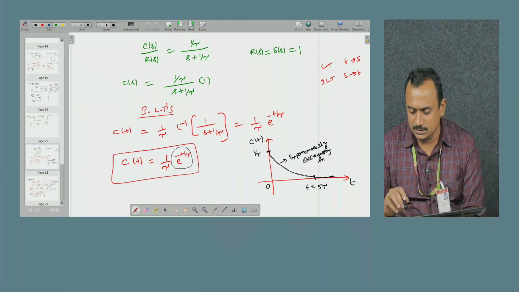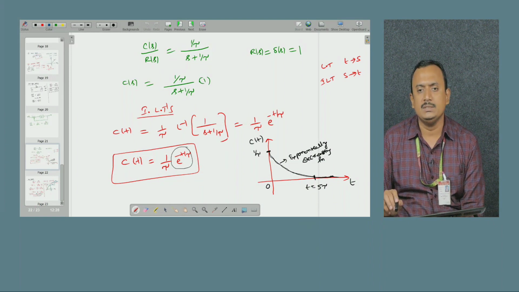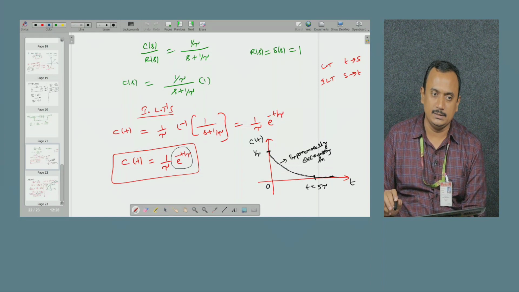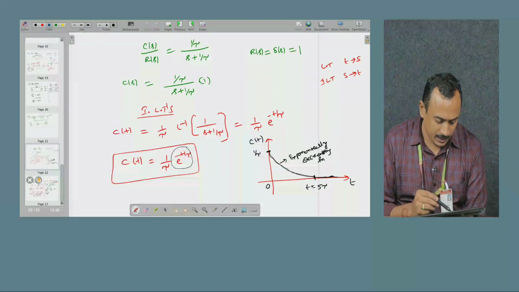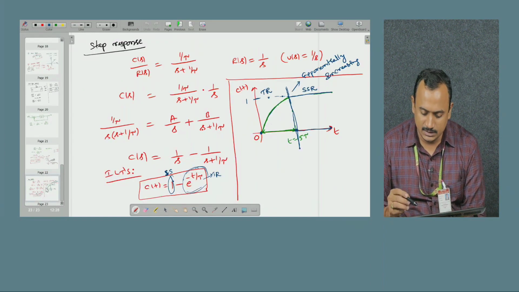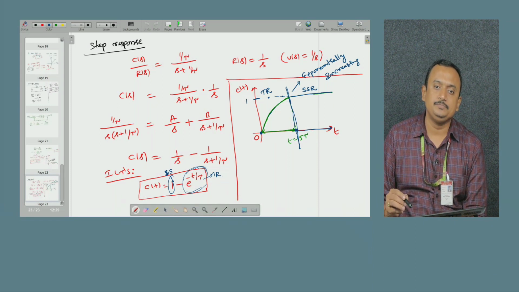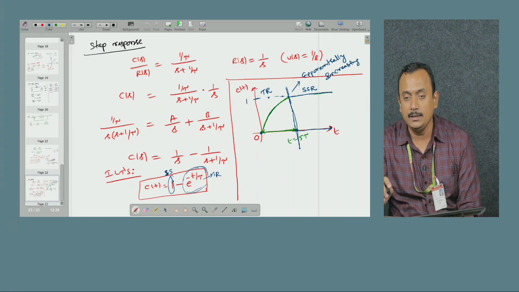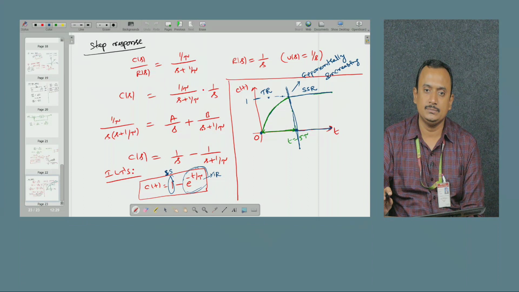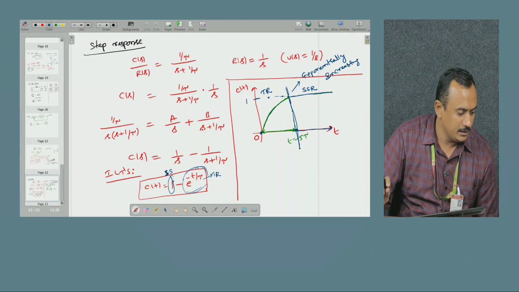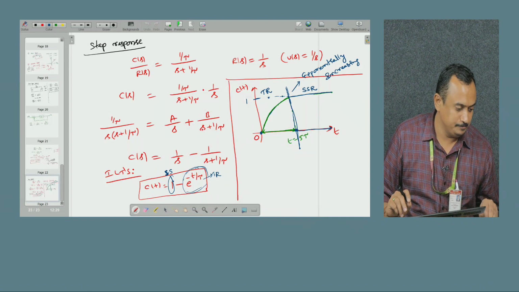In that case, the conclusion is the response is exponentially decreasing. And the next case is, if you have a term like this 1 minus e power minus something, then the response will be exponentially increasing. So this is how the step response of a first order system will be.